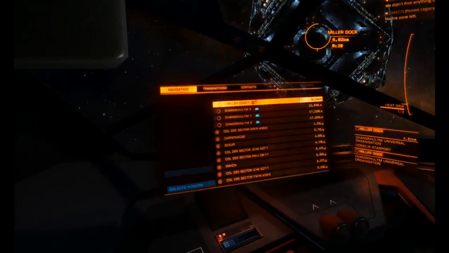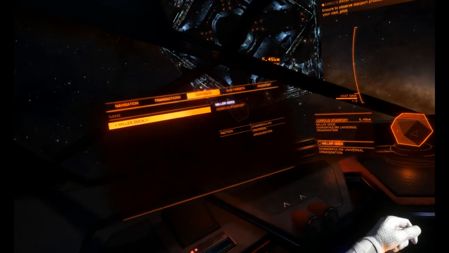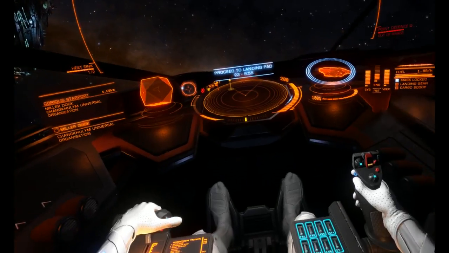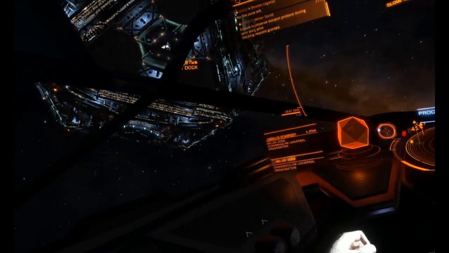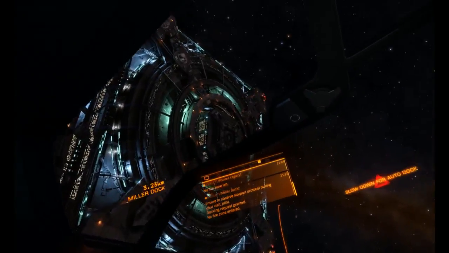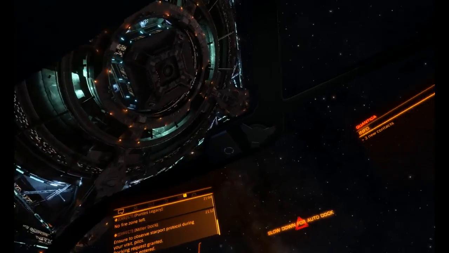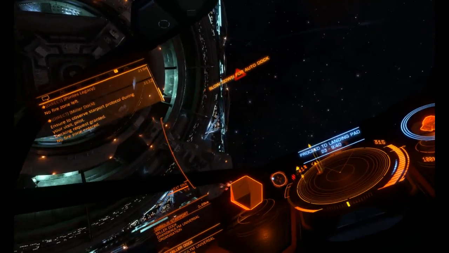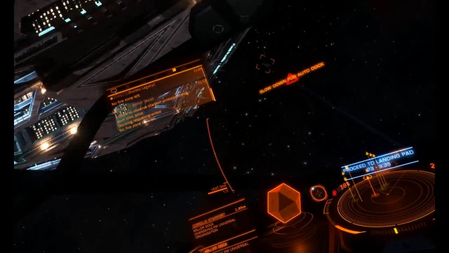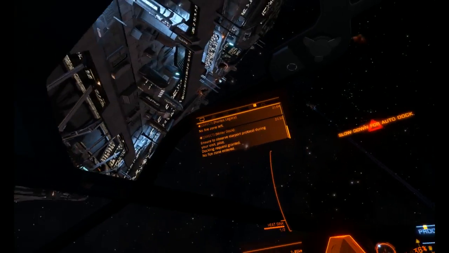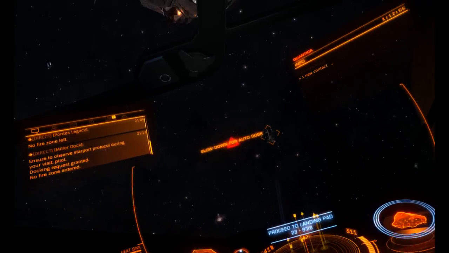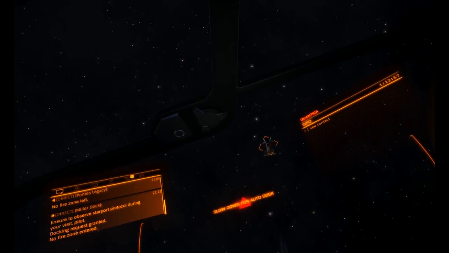Please approach at a safe speed and comply with station regulations. Scan detected.